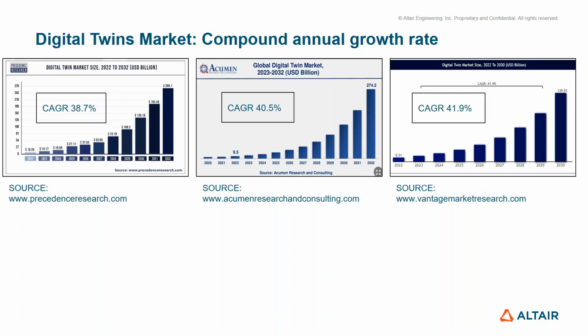If you see the graphical plots on the screen, which are highlighted for both operations and designs, the global digital twin market is projected to experience significant growth, with forecasts estimating a compound annual growth rate, CAGR, of 38%, 40% year-on-year growth.